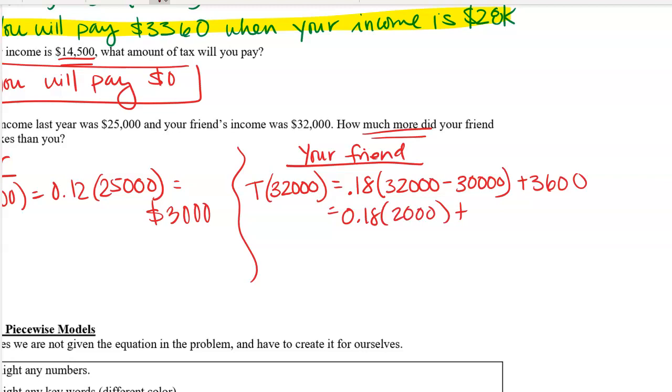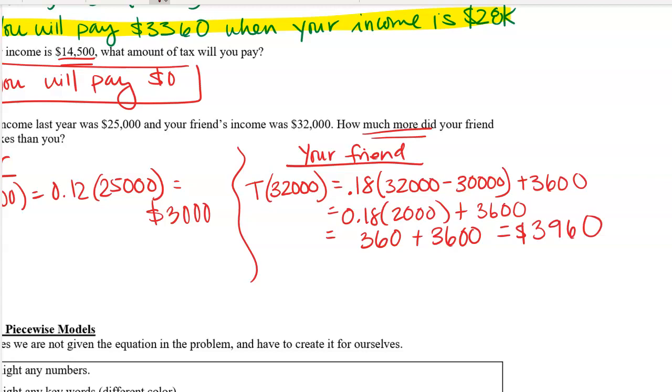And Sam, what is 2,000 times 0.18? 360. And then plus 3,600. All right. So add it together, Ethan. Your friend will pay how much in taxes? 3,960. Yep.